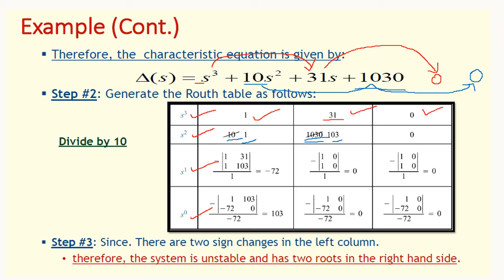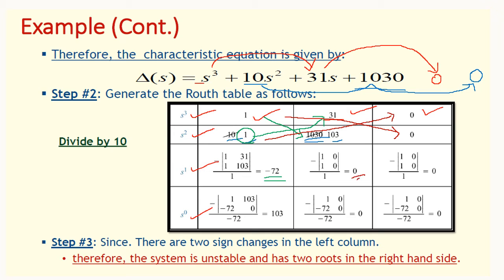Now the first solution. So we multiply 1 with 31. Then we subtract 1 into 103. So 1 into 31 is 31 minus 103 divided by the same term, which is 1. So I get the answer as minus 72. Again the next value, 1 multiplied by 0, we get the answer as 0. Again 1 multiplied by 0, the answer is 0.